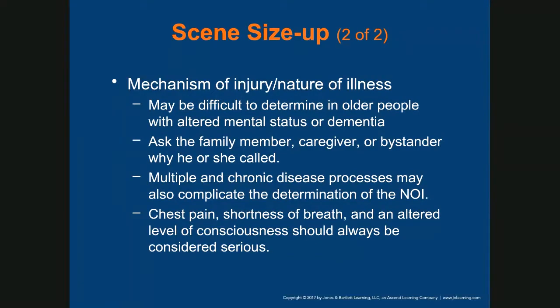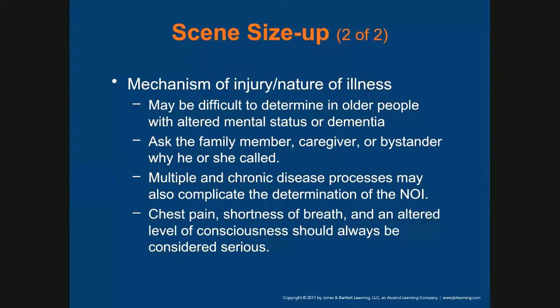So chest pain, difficulty breathing, and altered mental status or altered level of consciousness should be considered serious, right? So the general criteria still apply for your scene size. So make sure your scene is safe, take standard precautions for yourself, your partner, right?